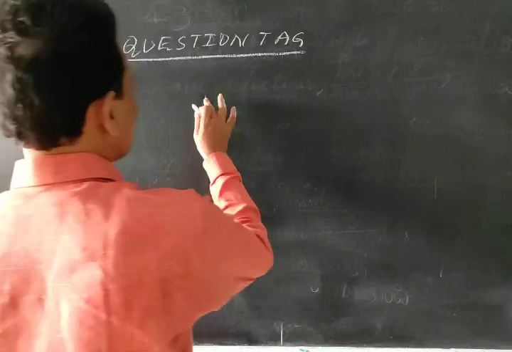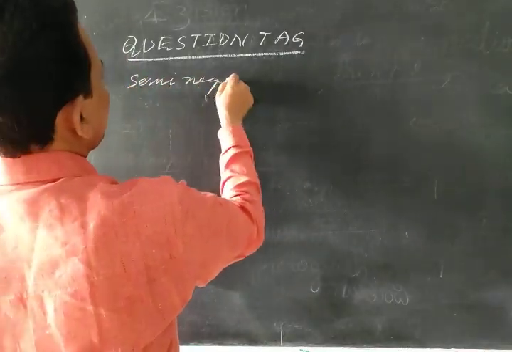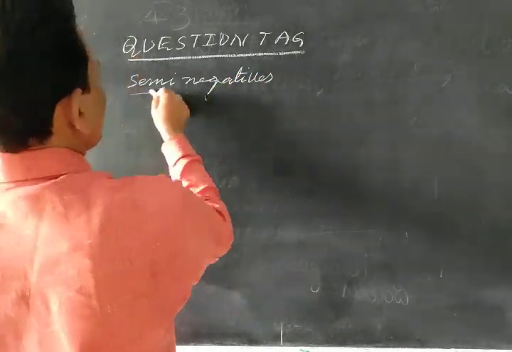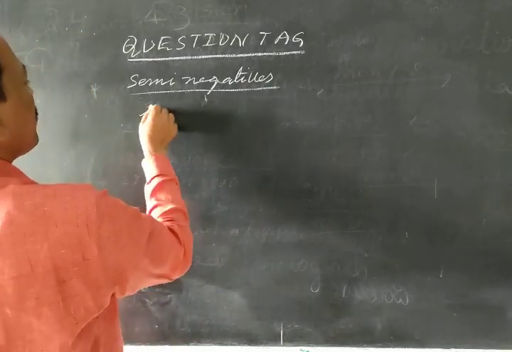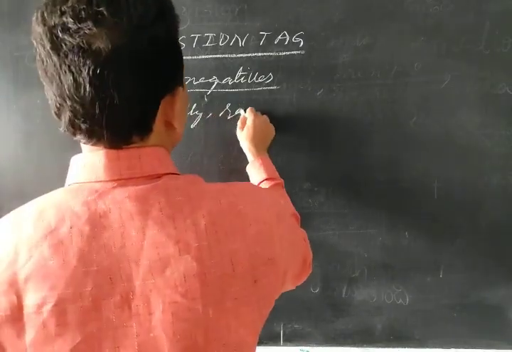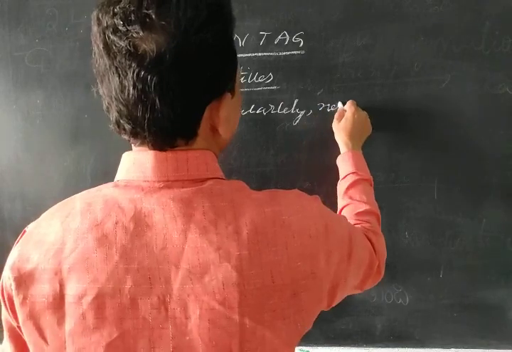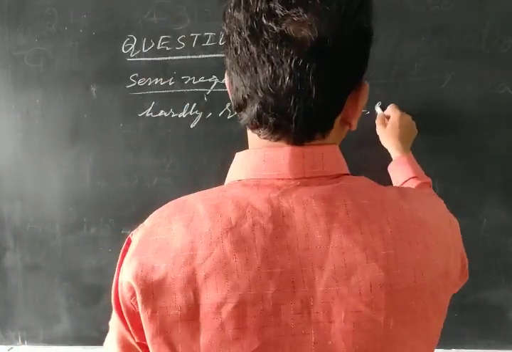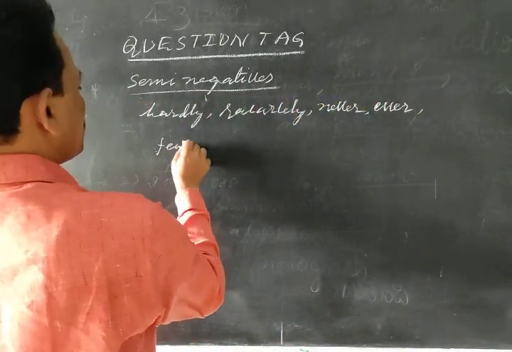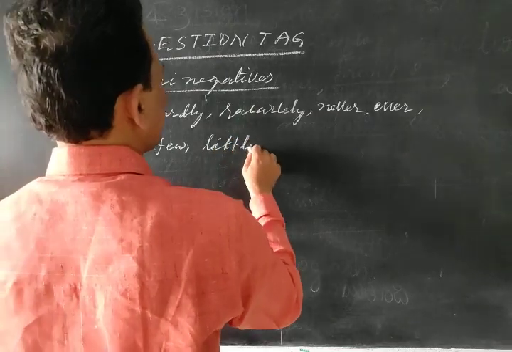Semi-negatives. The question tag about semi-negatives. Do you know semi-negatives are: hardly, scarcely, never, ever, few, little, like this.